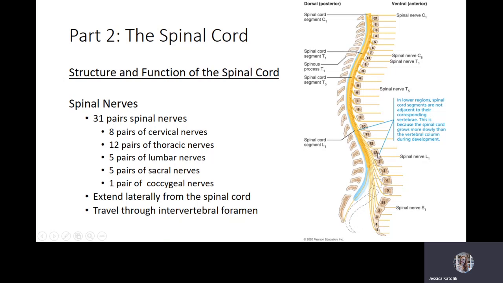Here is the L1 lumbar vertebra, and over here we have the L1 spinal nerve. Same goes with the sacral. S1 vertebra, S1 spinal nerve. These will, for the most part, go through the intervertebral foramen or be part of the anterior sacral foramen.